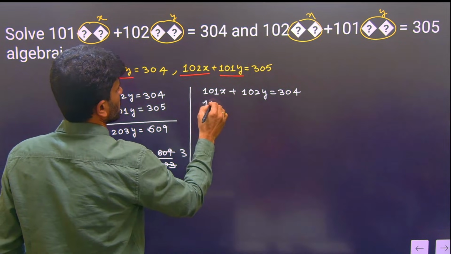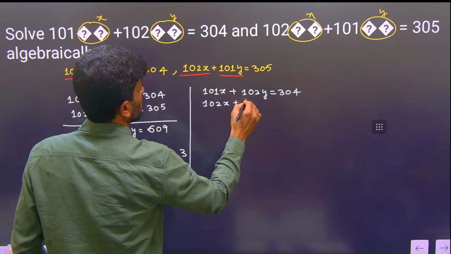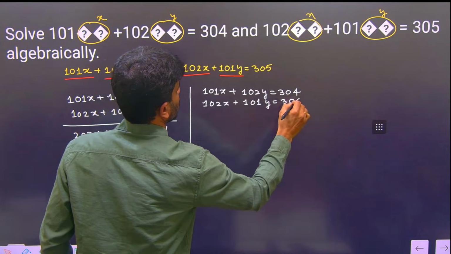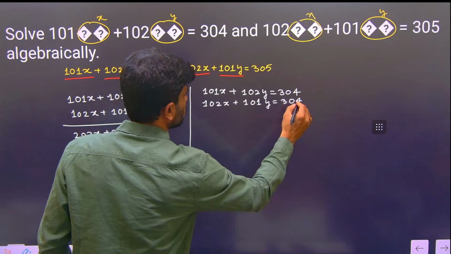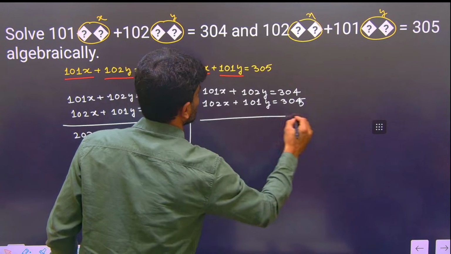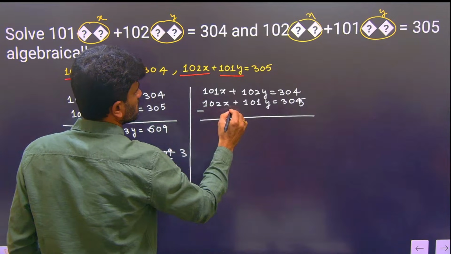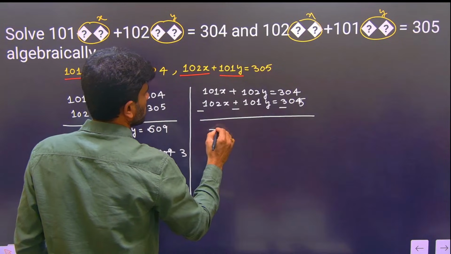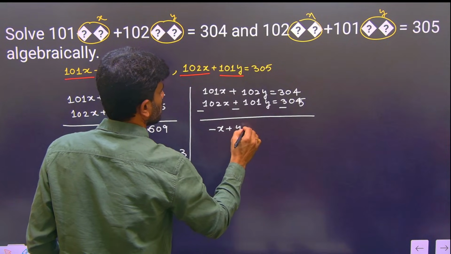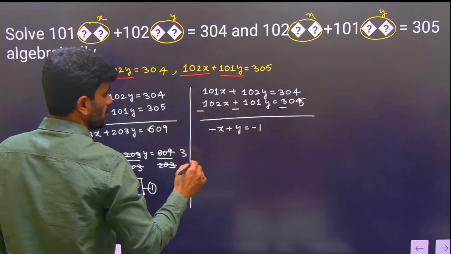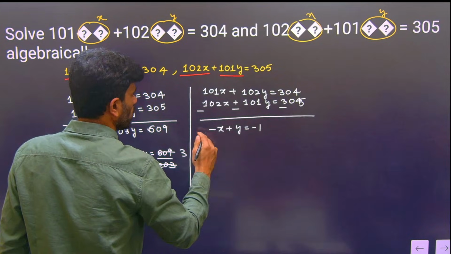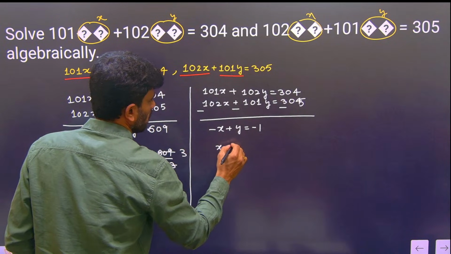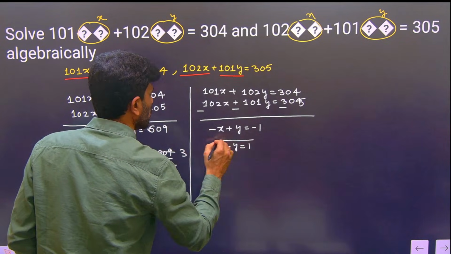Down, 102x plus 101y is equal to 305. Then when you subtract, minus minus minus, you get minus x plus y is equal to minus 1. If you want to simplify more, you can multiply everywhere by minus: plus x minus y is equal to 1.